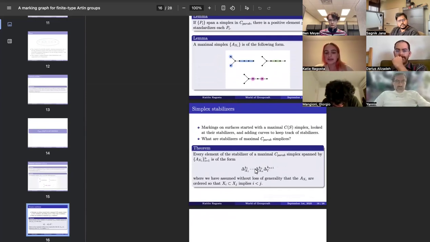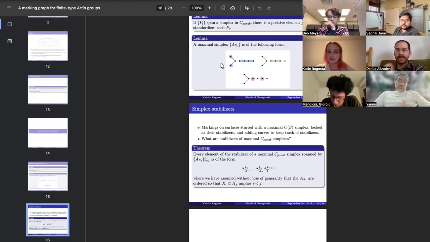So it looks like a product of the special elements associated to each of those parabolic subgroups, raised to some powers. So I take my first parabolic subgroup, I take its special element, which is almost the generator of the center. That's raised to some power. I take the next one, raised to some power. And I've ordered these in a particular way. So that's not so important.